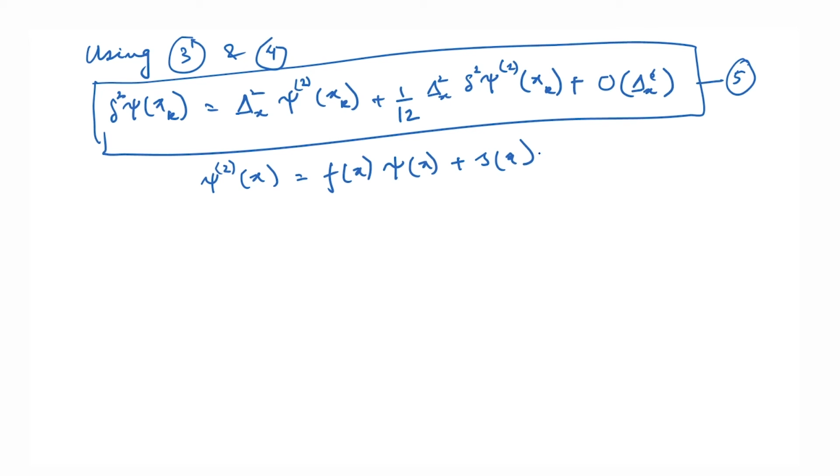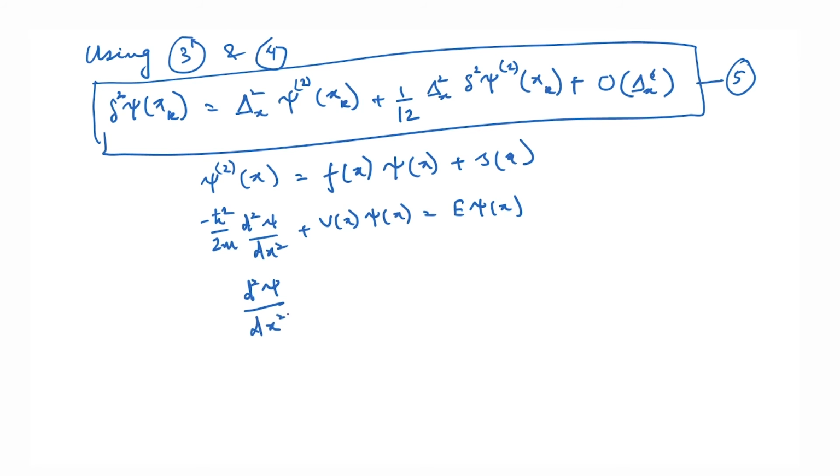Okay. But now we bring in our Schrodinger equation: minus h cut square by twice m, d 2 psi by d x 2, plus v x psi x equals e psi x. If we do some simplification, what we land up with is minus twice m by h cut square, e minus v x, psi x.